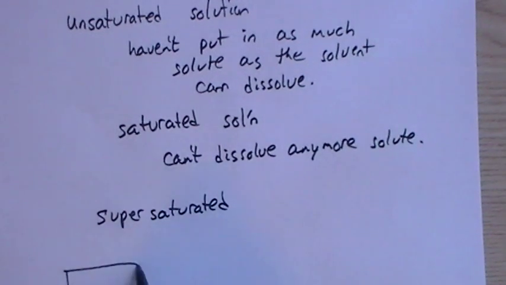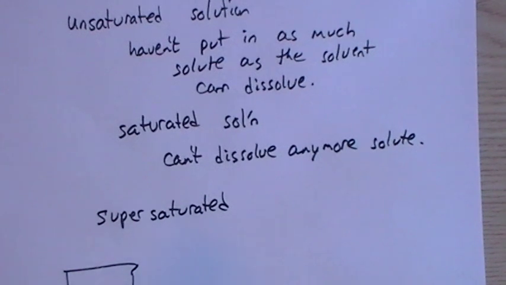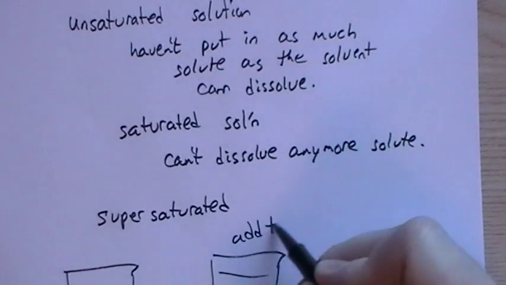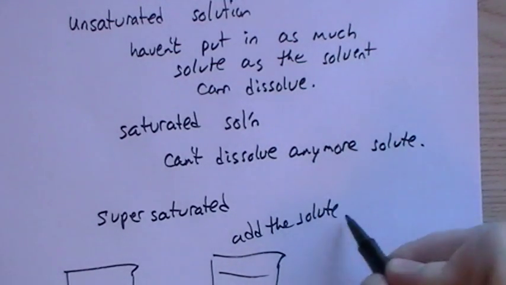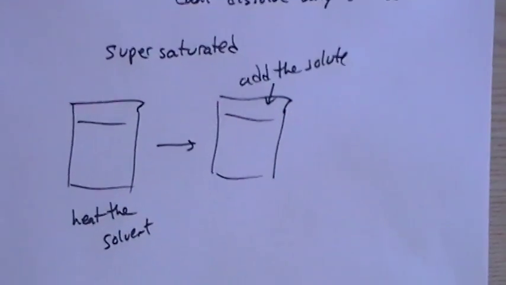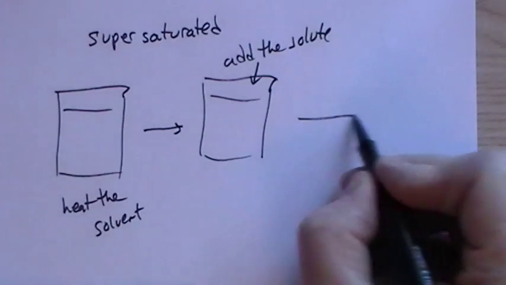And what we do to get something to be supersaturated is we heat the solvent, then add the solute. And generally, as we heat up a solvent, it can dissolve more of the solute.